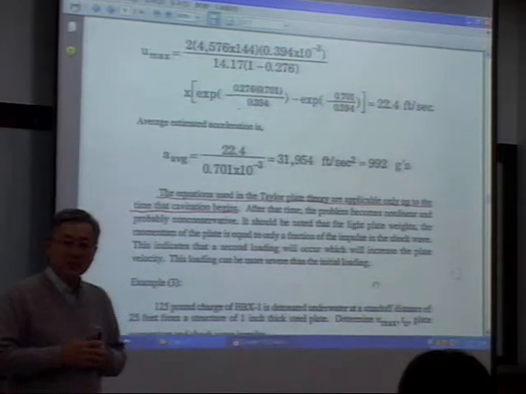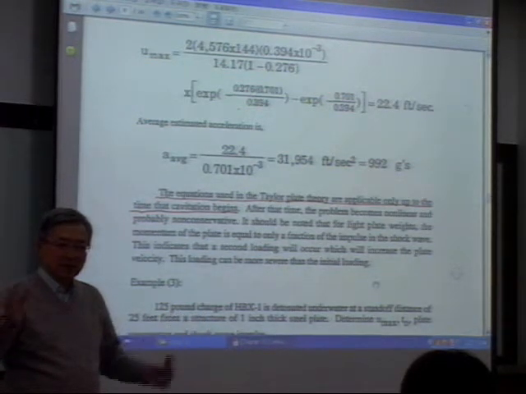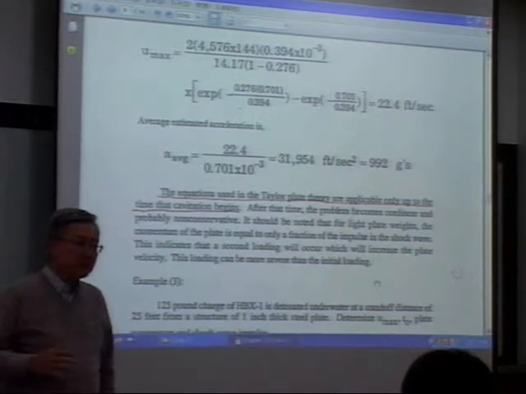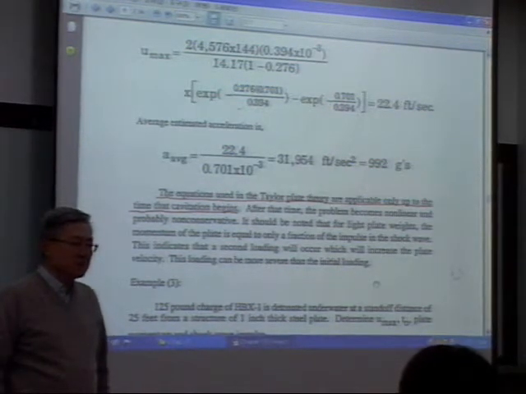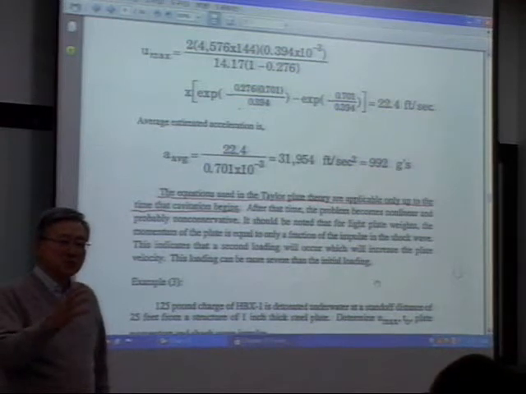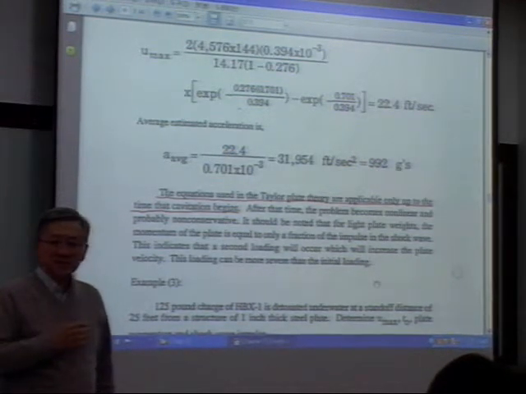As local cavitation occurs, it stops. Then P1 plus P2, remember? So beyond the time zone where the cavitation occurs, it is no longer true.